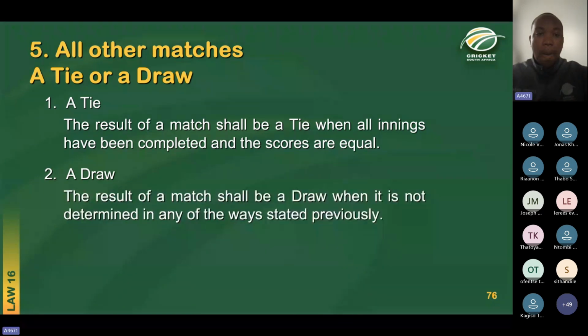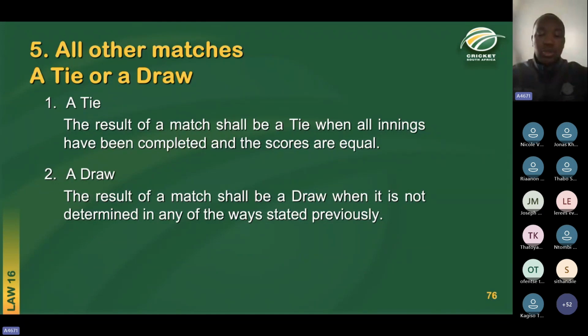A draw, by definition, is when a match has not been determined in any of the ways stated previously. So if it's not a win and if it's not a tie, then it will be a draw.